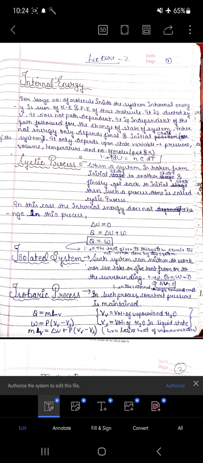It is defined for the system: a system is taken from an initial state to another different state, and finally brought back to the initial state. Such a process is known as a cyclic process.